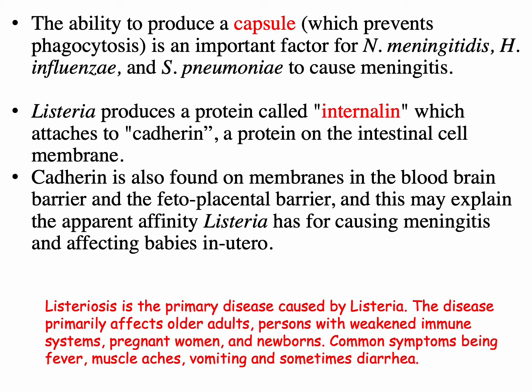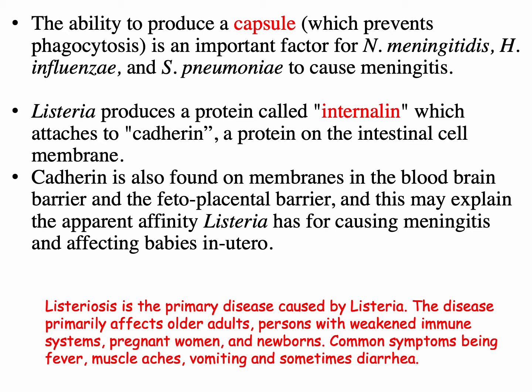Now, cadherin is not only found in the intestinal cell membrane, but also in the blood-brain barrier. So the choroid plexus, the blood-brain membrane barrier, also produces cadherin. So they can use that internalin to bind to that area and help them get over to the central nervous system side.